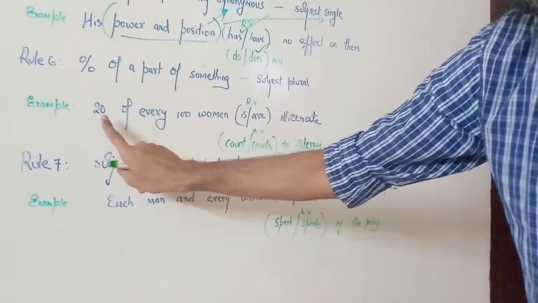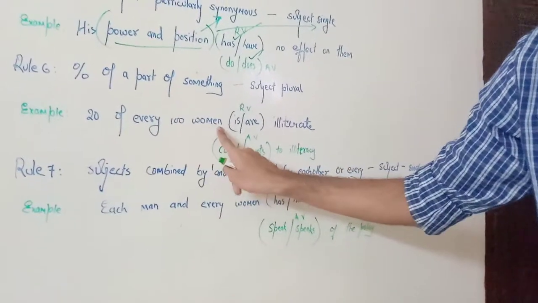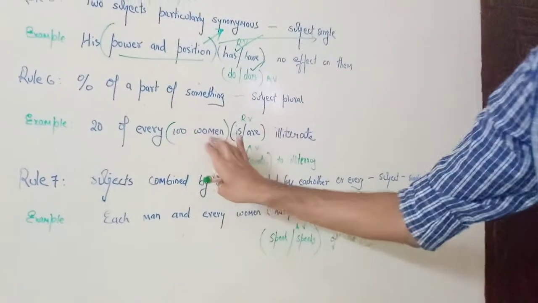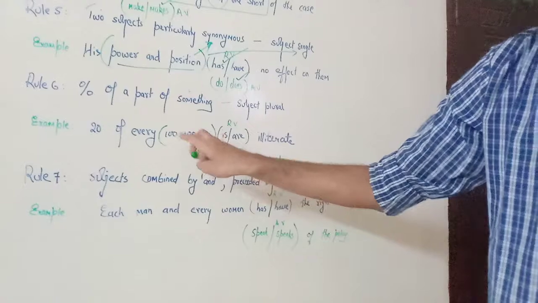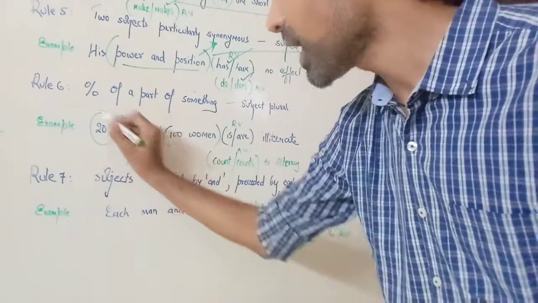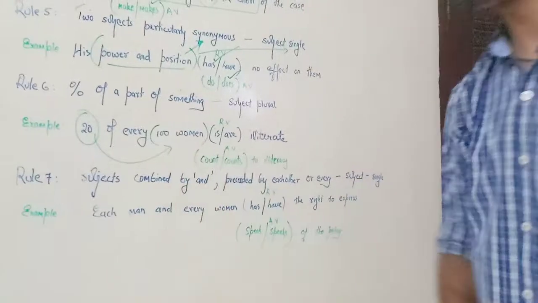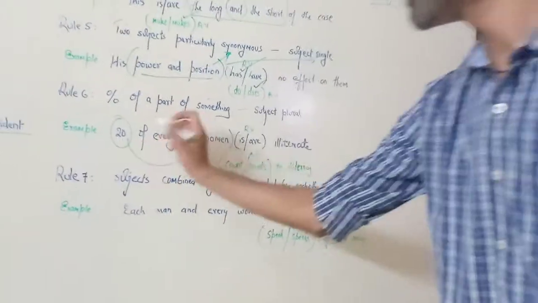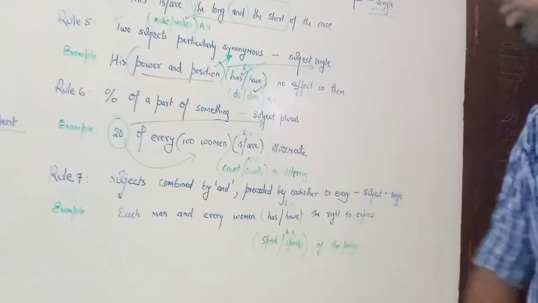So if I say 20 of every 100 women, so here this is woman, basically talks of a part. This is the part of 100 women. So logically, when I talk of this, I am again referring to a subject which is plural.